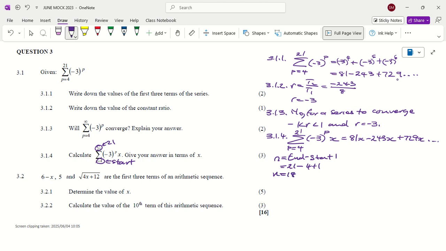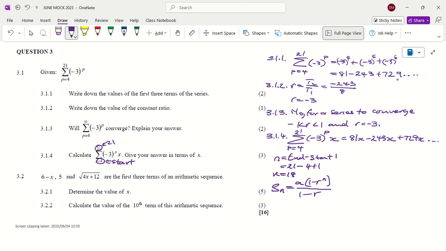And then the next thing that we are going to use is the sum of n terms, which is a, and then we open brackets, 1 minus r to the exponent n, over 1 minus r.